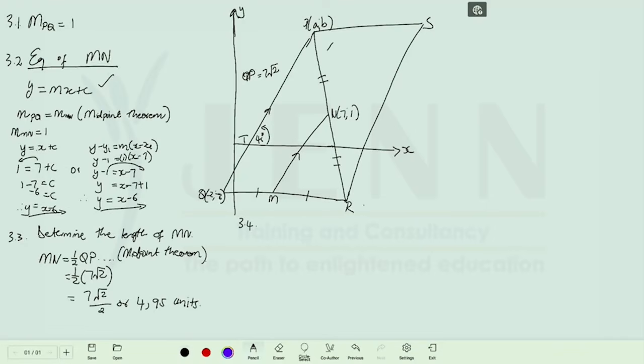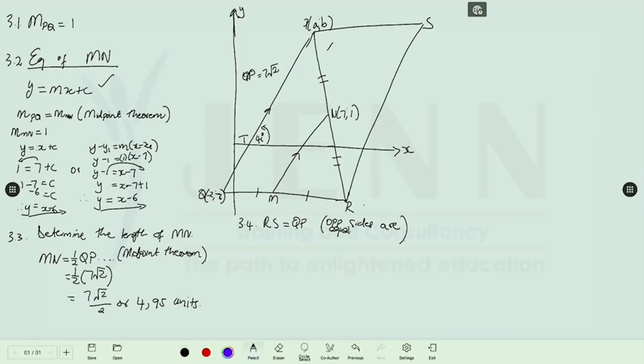So in answering 3.4, to determine the length of RS, RS is equal to QP. Why? Because we know from grade 10 that opposite sides are equal, and remember, we are talking about a parallelogram.